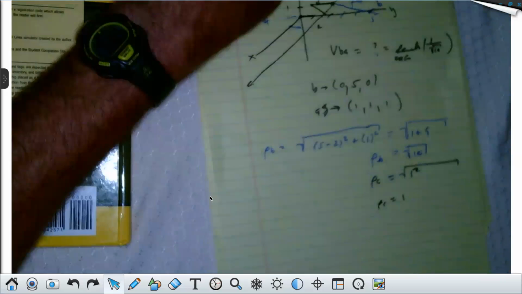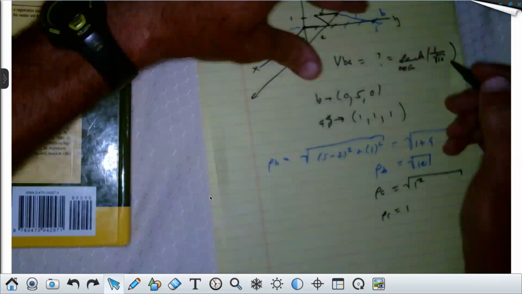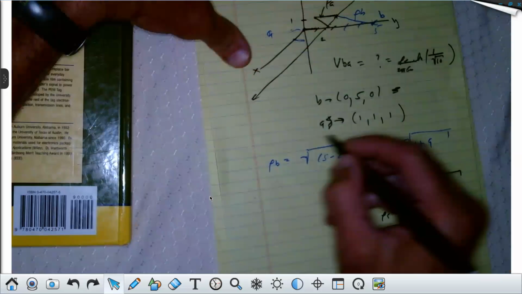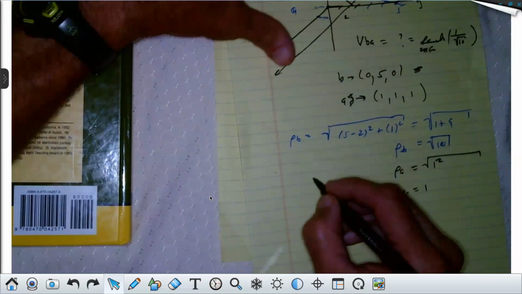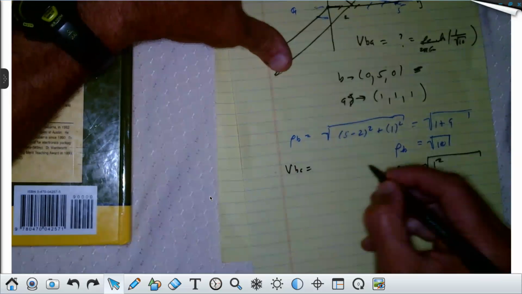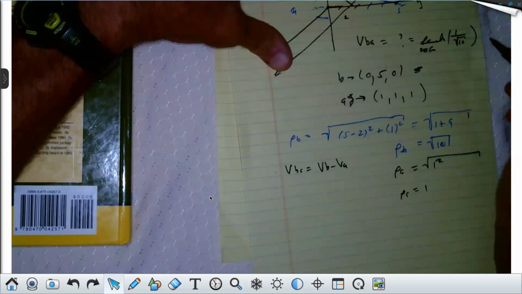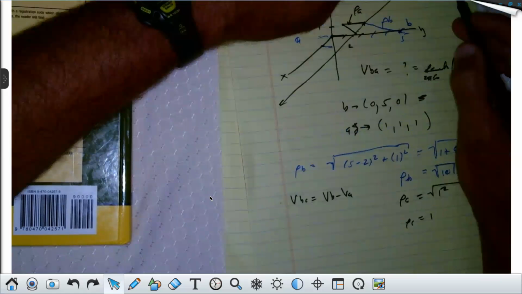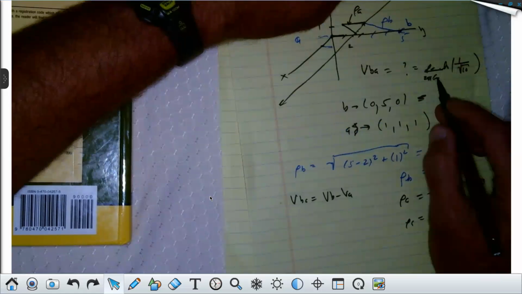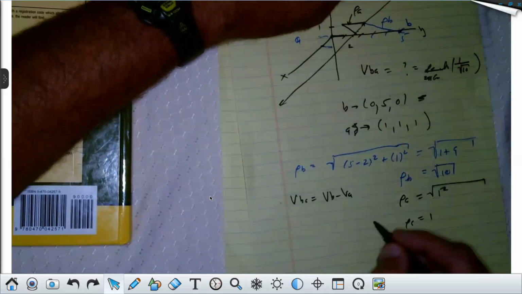All right, now what's that going to be? And I've got a comment here. Well, I'll put it right here. VBA is like VB minus VA. And really, what is that going to be, anyone? I have 2 pi times 10 to the minus 9th over 2 pi epsilon naught. Here, let me write this down.